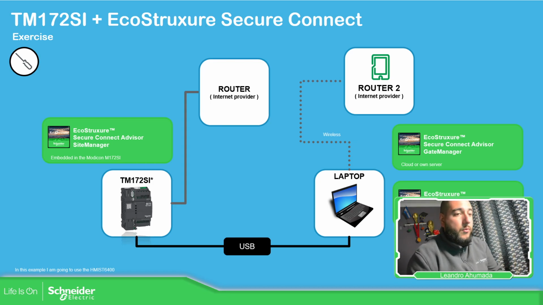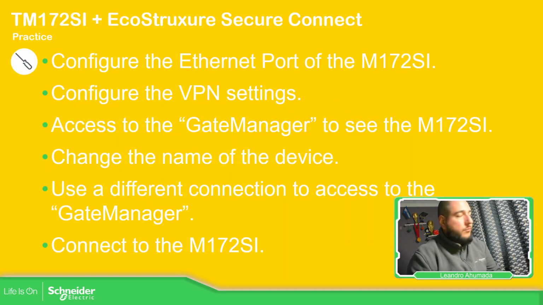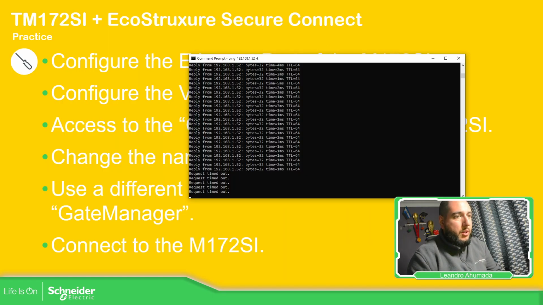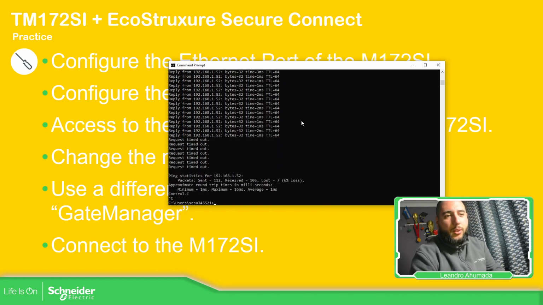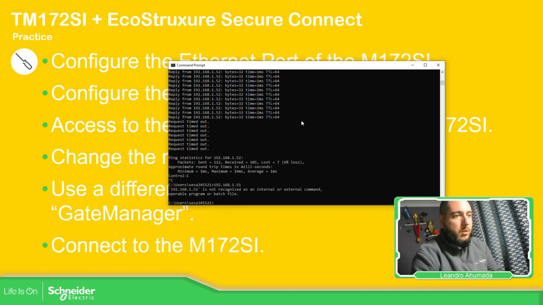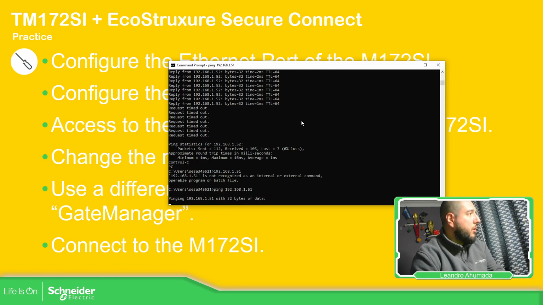Okay, so right now, what I'm going to do, whoops, not that, this one. So right now what I'm going to do is connect to this device, 192.168.1.51. Ping 192.168.1.51.